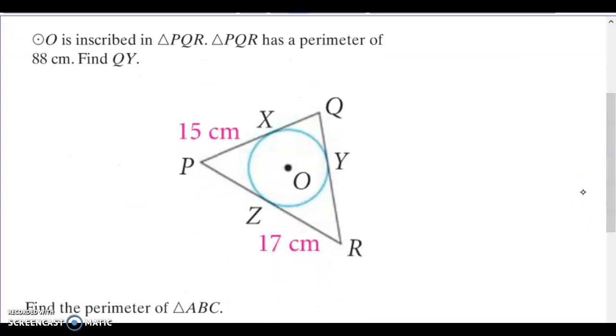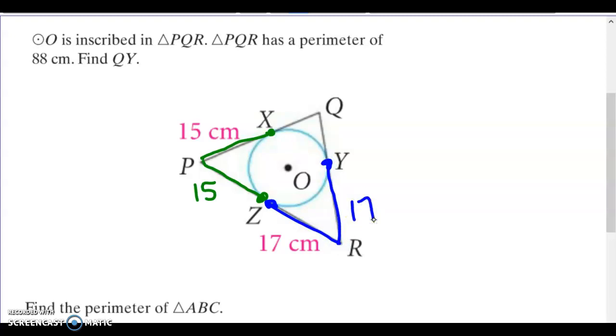Okay. So on this one, if this piece from X to P is 15, well, then I could make an ice cream cone right here. So these two would be the same, so that would be a 15 as well. Down here, if I know that this piece is 17, well, then again, I make another ice cream cone right there. So that one would be 17.